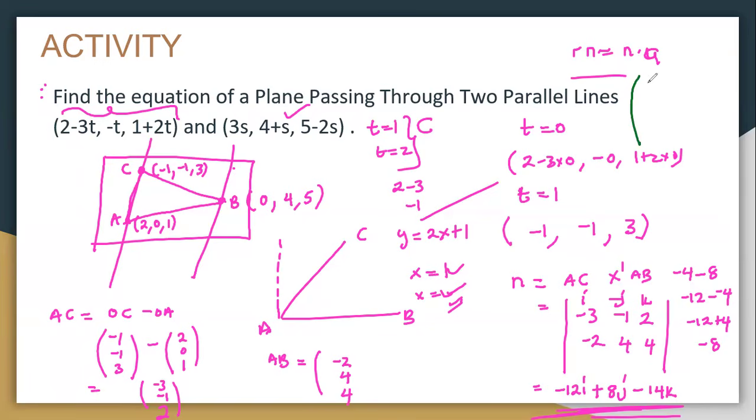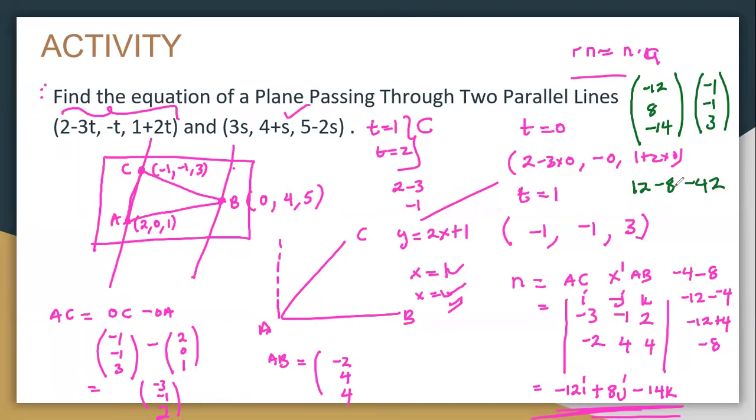So you are going to say that you have negative 12, 8, and negative 14. If we use that c, negative 1, negative 1, 3, this is going to be 12 minus 8, then negative 14 times 3, which is negative 42.